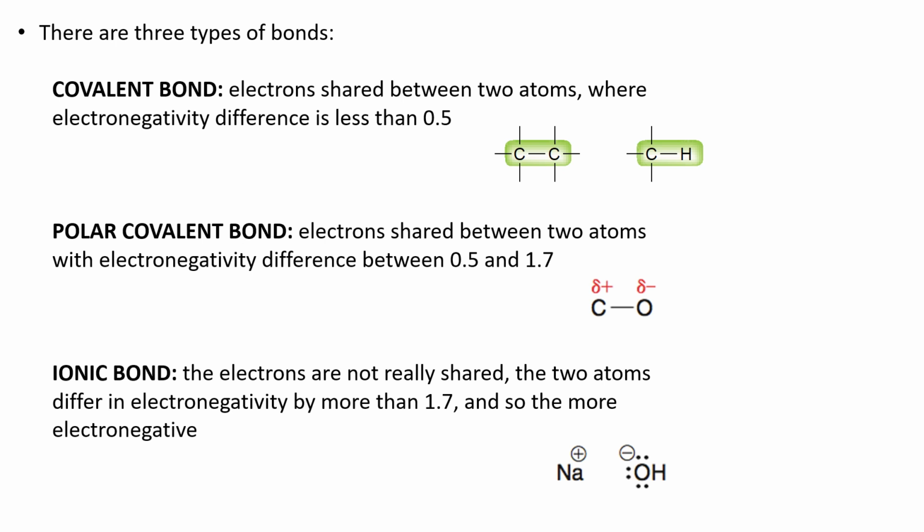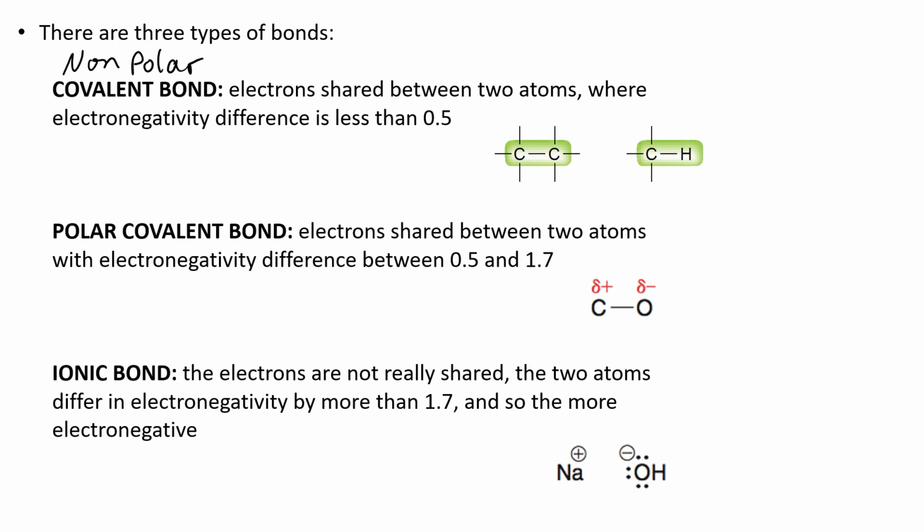There are three types of bonds that you've probably seen in general chemistry. Covalent bonds, now we have polar covalent bonds, and ionic bonds. A nonpolar covalent bond, remember we said, is where the electrons are shared evenly.